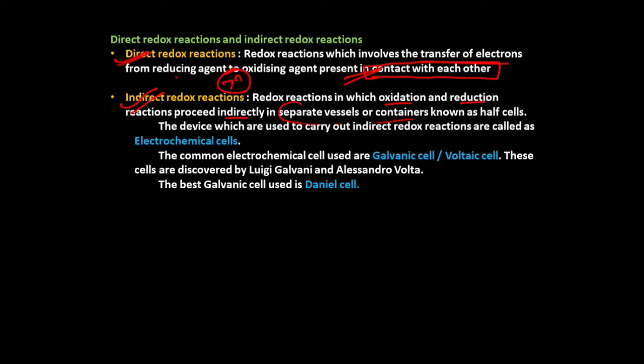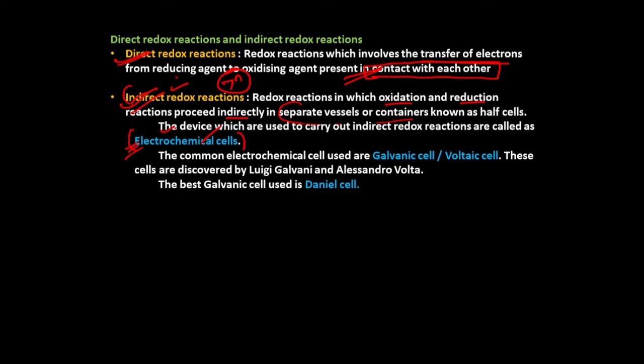You will not understand this unless we teach electrochemical cells. So first you remember the definition. Now I will teach electrochemical cells. The best example where indirect redox reactions occur is the electrochemical cell. In electrochemical cells we can observe the indirect redox reactions.